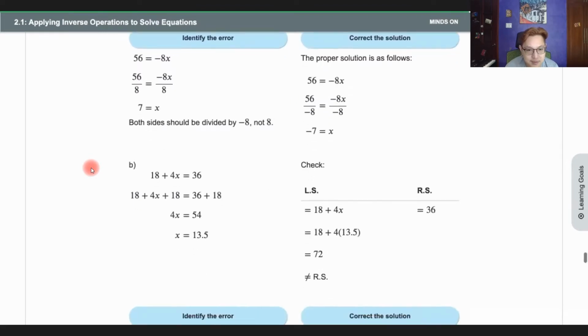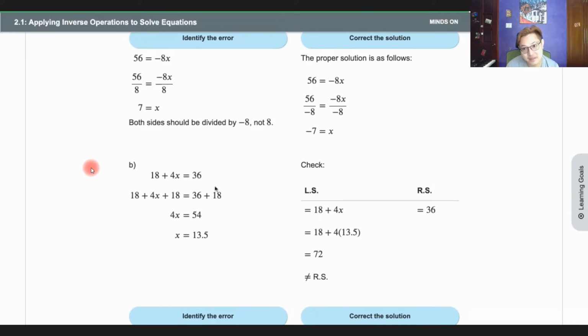If there's an error, you will see it. In B, see what's wrong. It's supposed to be minus 18, right?